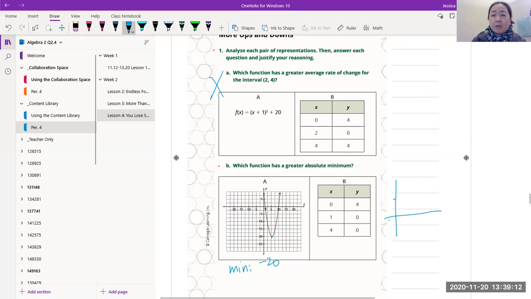So if x is equal to 0, y is equal to 4, and then x is equal to 1, y is equal to 0, and then 4, 0. It's going to do something like this. So I'm going to say it definitely does not look like it's going to go all the way down to -20 at the rate this is going, right? So which one has a greater absolute minimum? Greater meaning less negative. So I'm going to say this one is, because this is definitely going to be bigger than -20. It's definitely not that low.